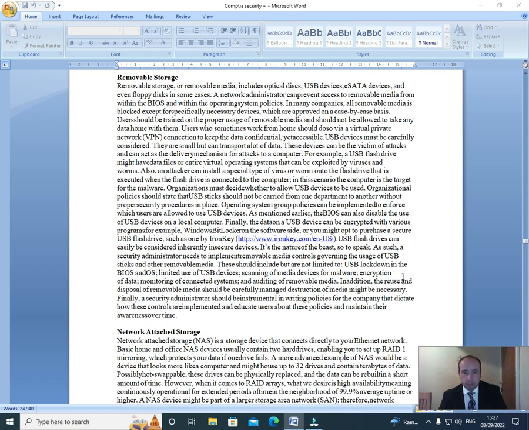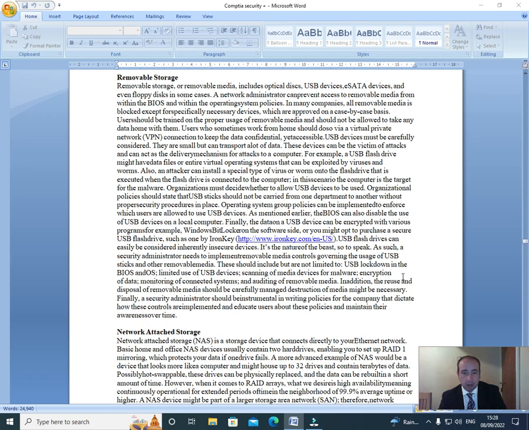USB devices must be carefully considered. They are small but can transport a lot of data. These devices can be the victim of attacks and can act as a delivery mechanism for attacks to a computer. For example, a USB flash drive might have data, files, or entire virtual operating systems that can be exploited by viruses and worms.